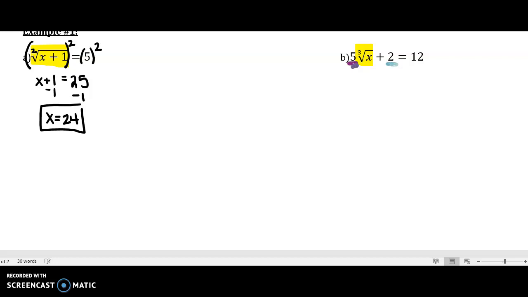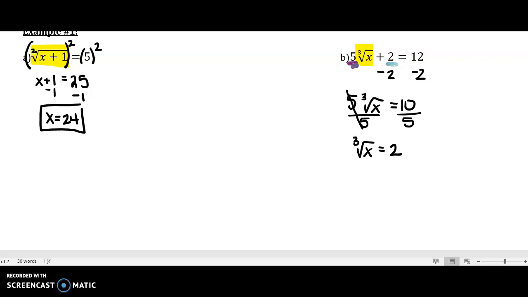We always are going to start with our addition and subtraction, so we're going to get rid of the plus 2 first by doing the opposite, minus 2 to both sides, 5 times the cubed root of x equals 10. Divide both sides by 5 to get rid of that. I get the cubed root of x equals 2.